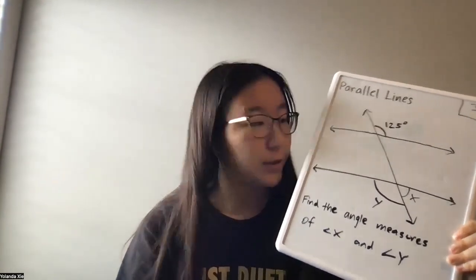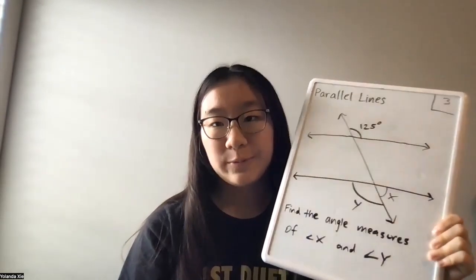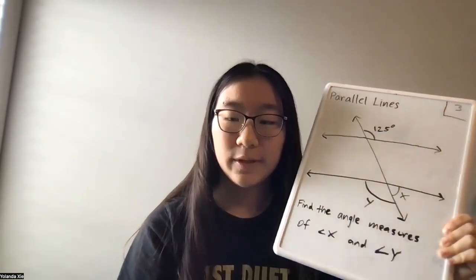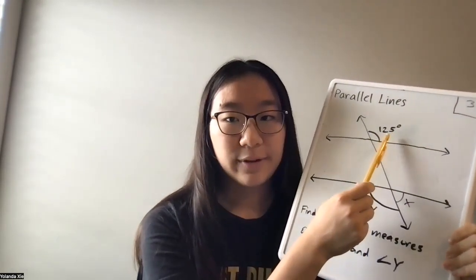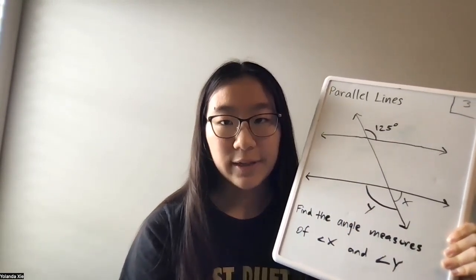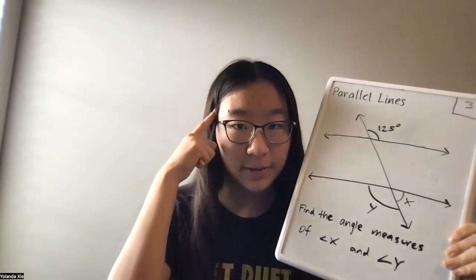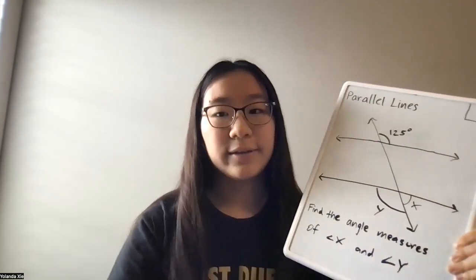All right, finished? So there are numerous ways to approach this, but here's one way that you can solve this problem. First, notice that this 125 degree angle and angle y are alternate exterior angles. And what did we just learn about those? They are congruent. So that means that angle y is also 125 degrees.